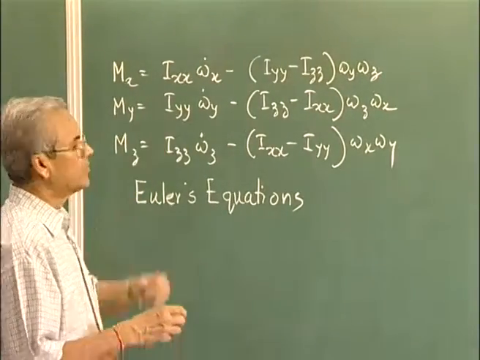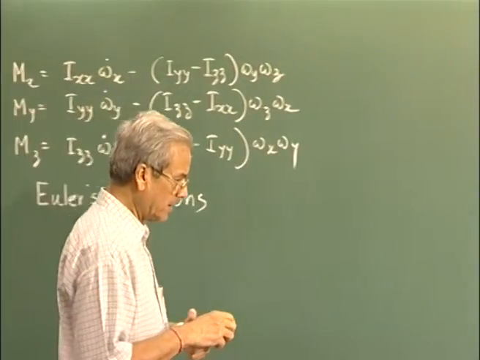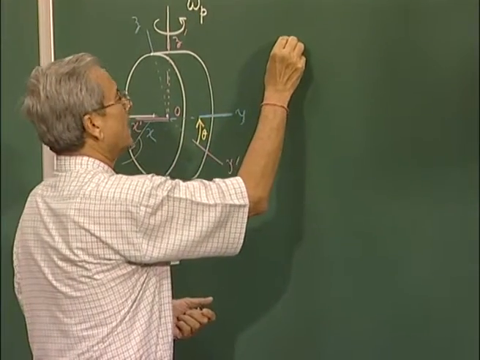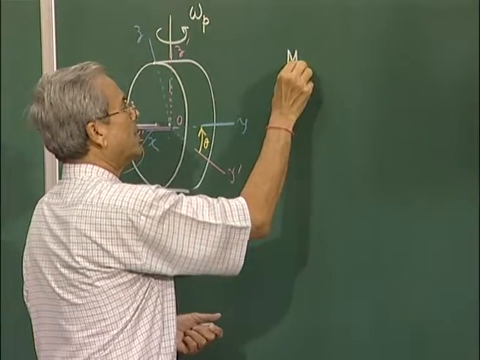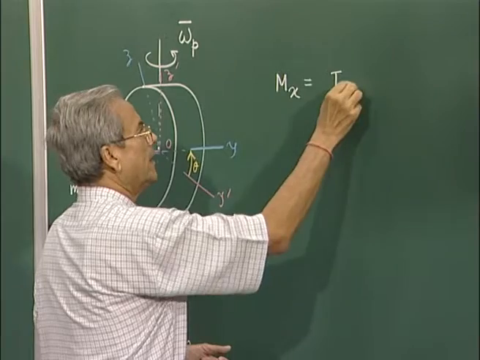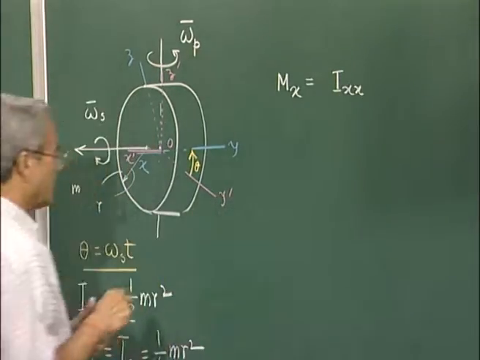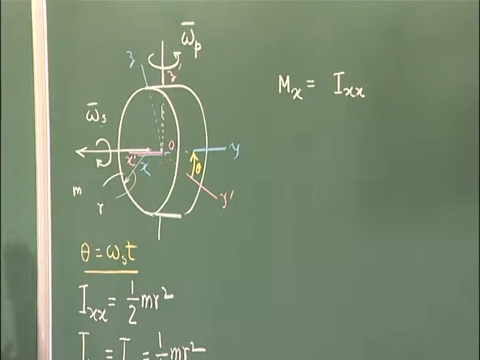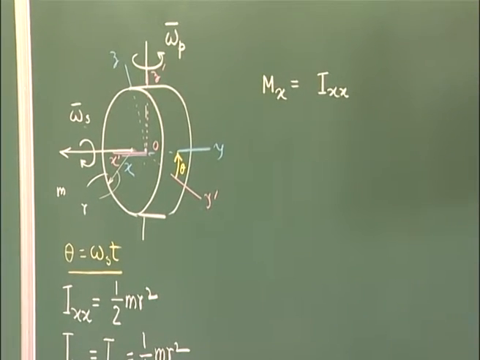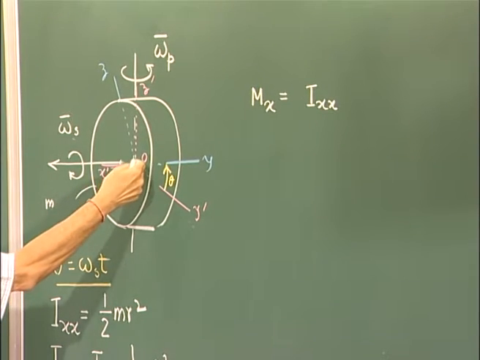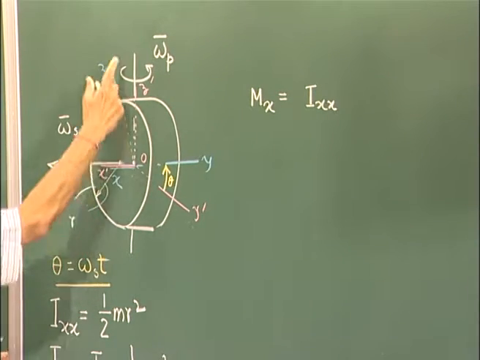Now, let us use these equations and try to find out. So, we find that Mx is equal to Ixx omega x dot. Now, the angular velocity of the rigid body you have to find out. You see that the rigid body has two angular velocity vectors, one is omega s, other is omega p.